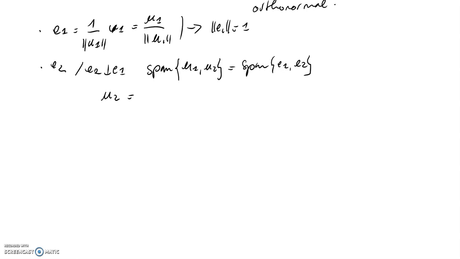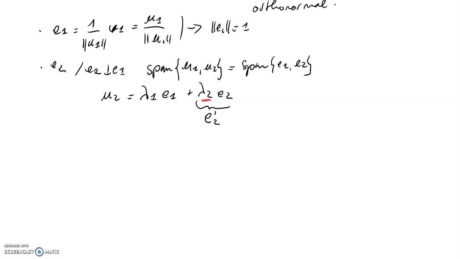So let's write that. U2 will be written as a value lambda 1 times E1 plus a value lambda 2 times E2. And I'm looking for E2. So let's give a name to this one. That's going to be E2 prime. The thing is that E2 prime has the same direction as E2 because it's just a real value lambda times E2.